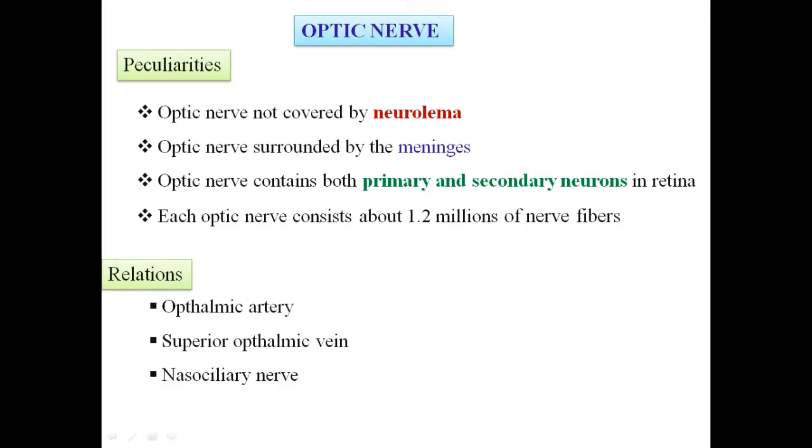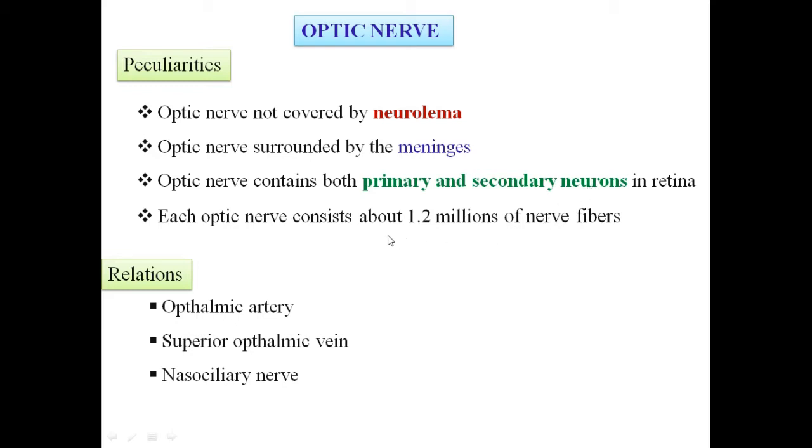You can see that the optic nerve does not have neurolemma, meaning the optic nerve is not capable of regeneration. So if any small lesion occurs in the optic nerve, permanent blindness may occur. The optic nerve is surrounded by three layers of meninges: dura mater, arachnoid mater and pia mater.